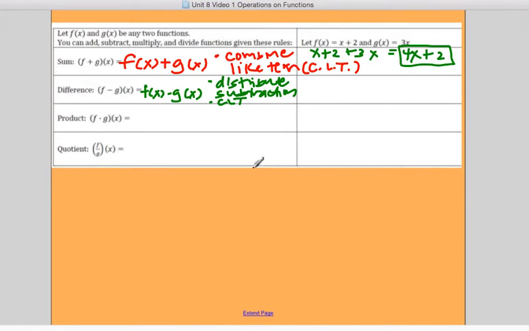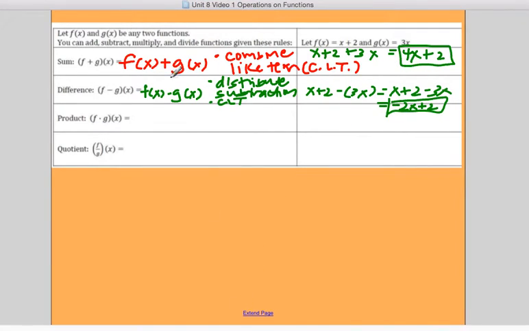Let's go ahead and do that with our example here. We have f minus g, so it's x plus 2 minus, and let's put it in parentheses. This one there's not much to distribute the negative, so it's really x plus 2 minus 3x. Combine your like terms, I would have negative 2x plus 2. Okay, so there is subtraction or difference.